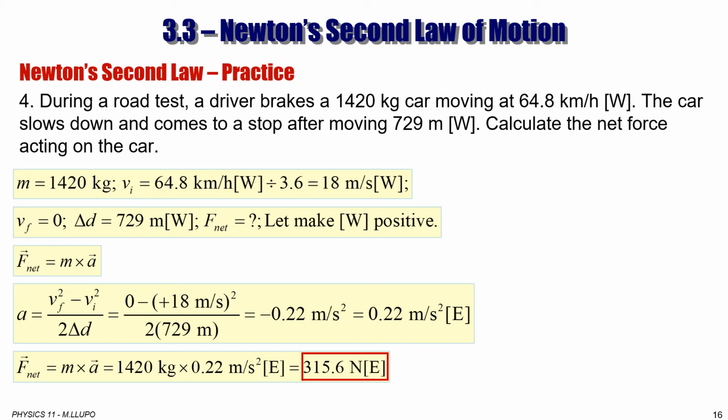The force of friction is always against the motion, so it is 315.6 newtons against the motion; opposite of west is east. So that makes sense.